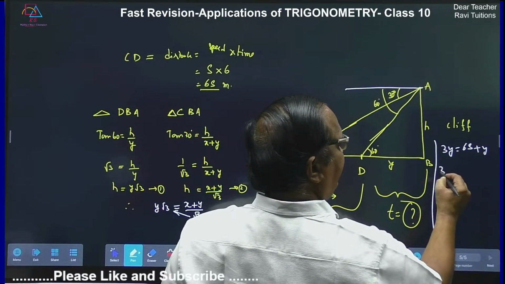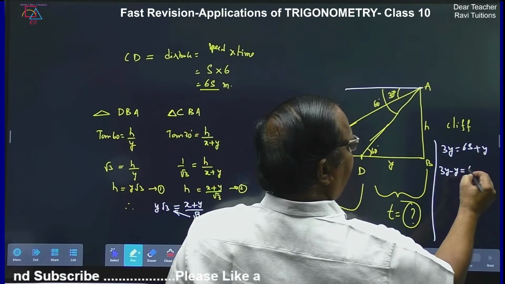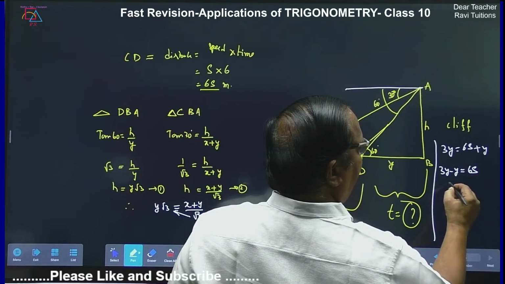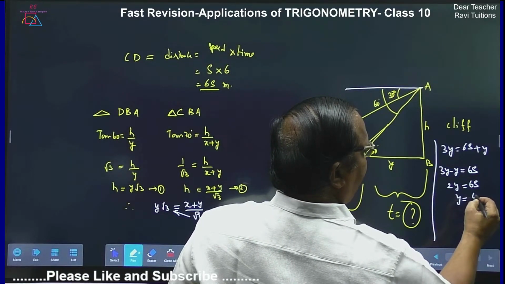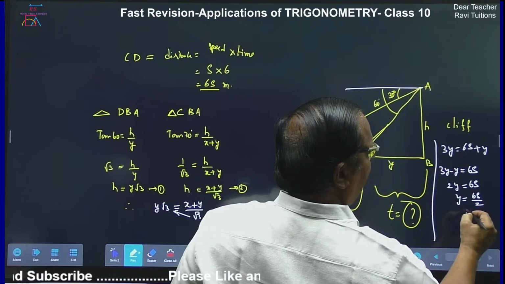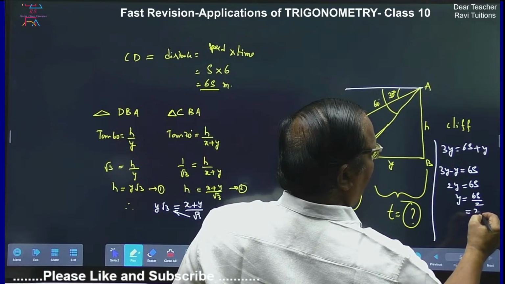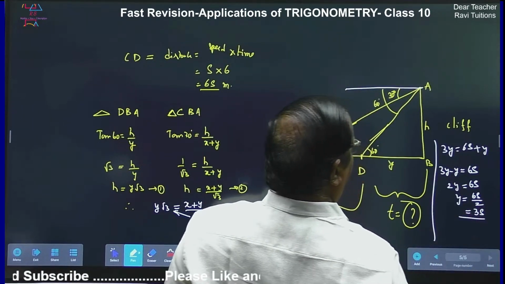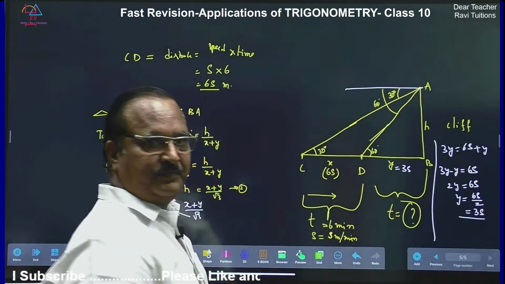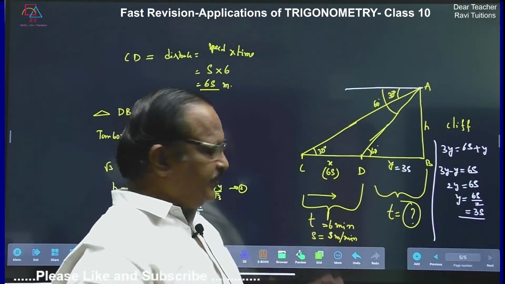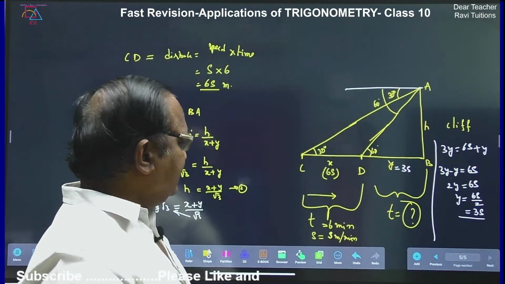Bring y this side, 3y minus y is equal to 6s, 2y is equal to 6s, and y is equal to 6s by 2, which is 3s. So this is 3 into speed. Okay, so speed we don't know.